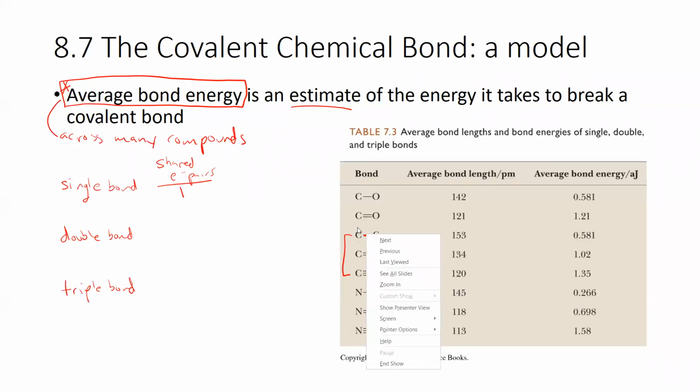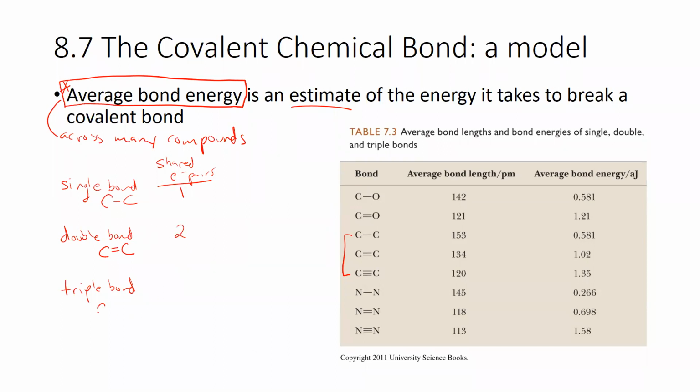If, however, you have two lines, like in the CC double bond, that's two shared pairs of electrons. And the CC triple bond is three lines, and so that's three shared pairs of electrons. Now, as you share more pairs of electrons, you would expect the bond energy to increase.